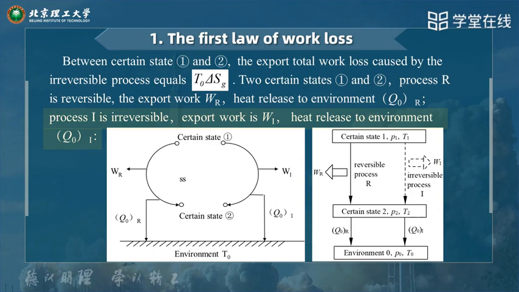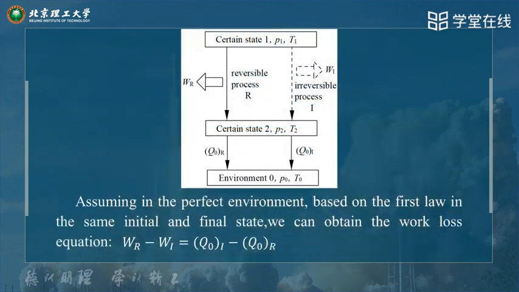Another process I is irreversible. The exported work is WI. The heat released to the environment Q0I is another heat energy. In this picture, we assume the system is in a perfect environment.